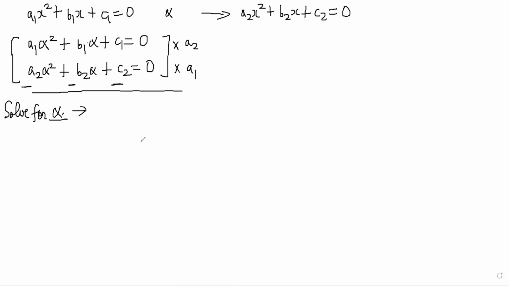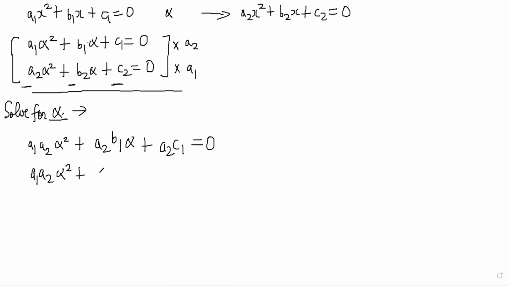What does that do? That lets you cancel out the alpha square. Exactly. So the top equation becomes A1A2 alpha square plus A2B1 alpha plus A2C1 is equal to 0, and the lower equation becomes A1A2 alpha square plus A1B2 alpha plus A1C2 is equal to 0, right? And now when you subtract, you will cancel out this term.